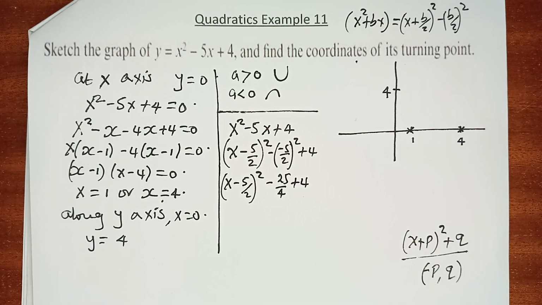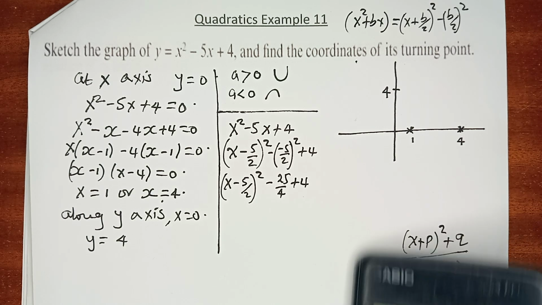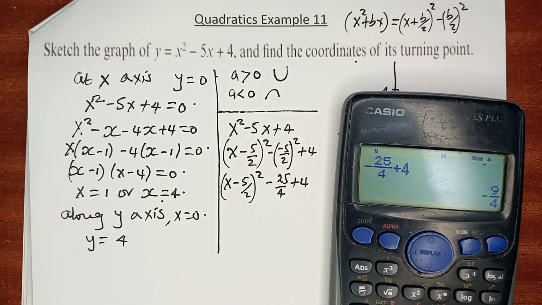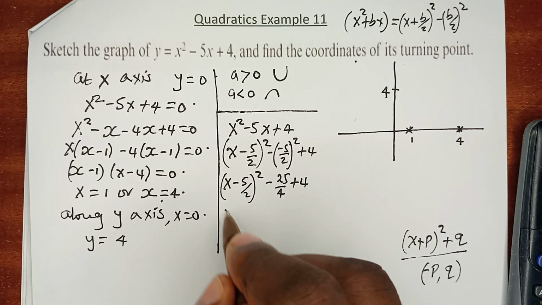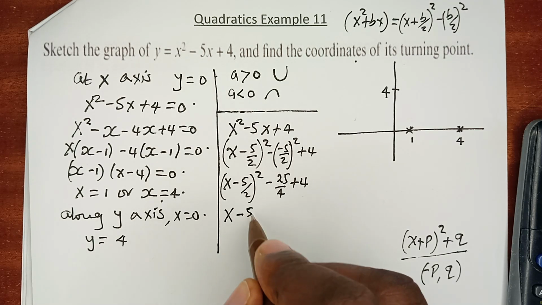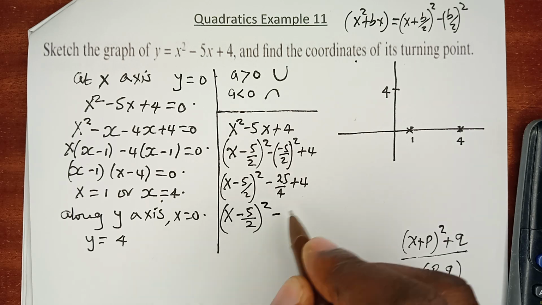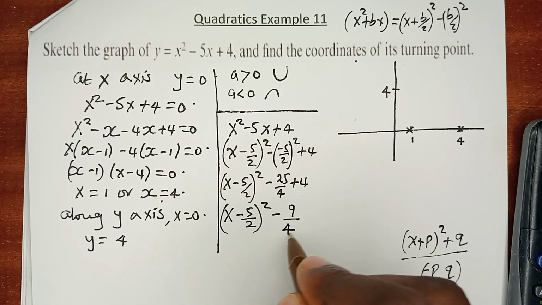So when you put the two constants together, we have negative 25 over 4 plus 4. This gives us negative 9 over 4. Now we have (x minus 5 over 2) squared minus 9 over 4.